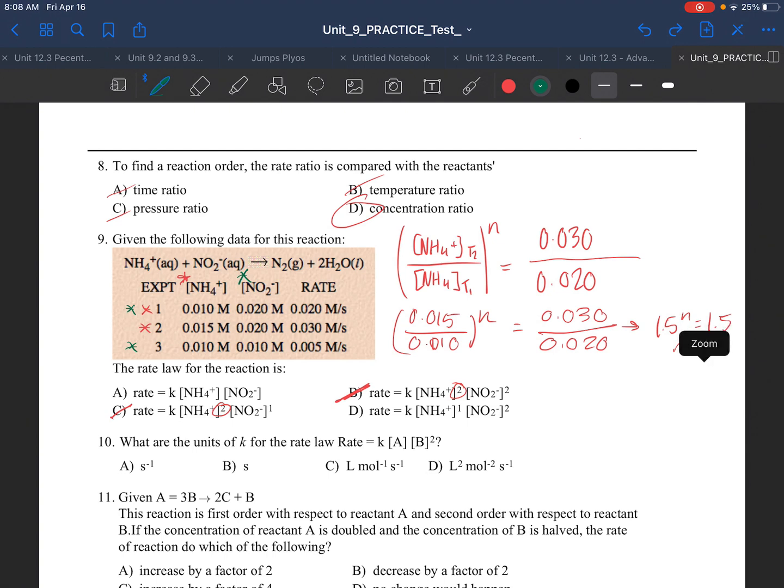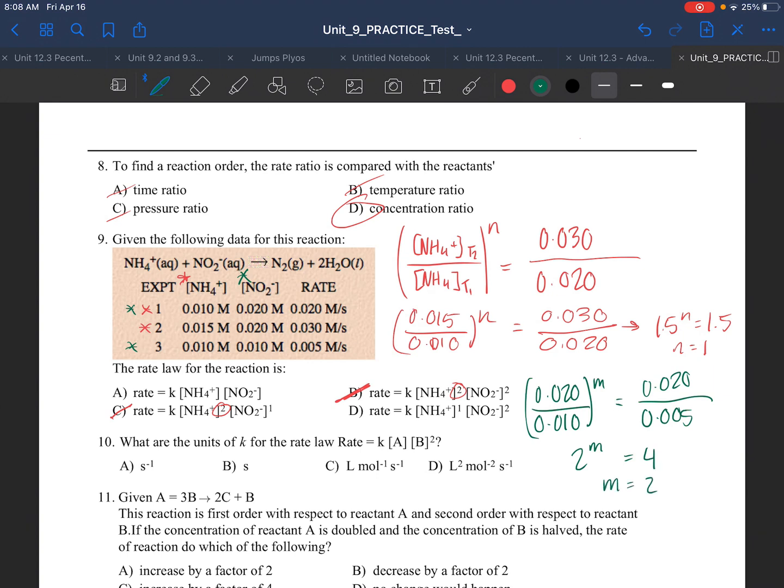So I have 0.020 over 0.010 to the m is equal to 0.020 over 0.005. If you simplify, you get that 2 to the power of m is equal to 4. So our m must be 2. The only one that fits that is D. So our answer is D for number 9.